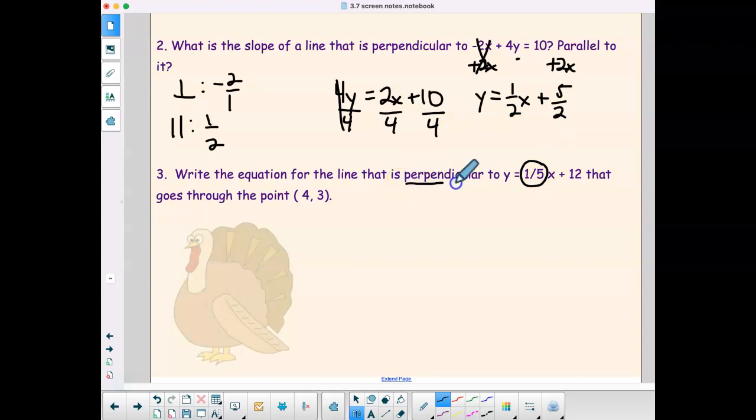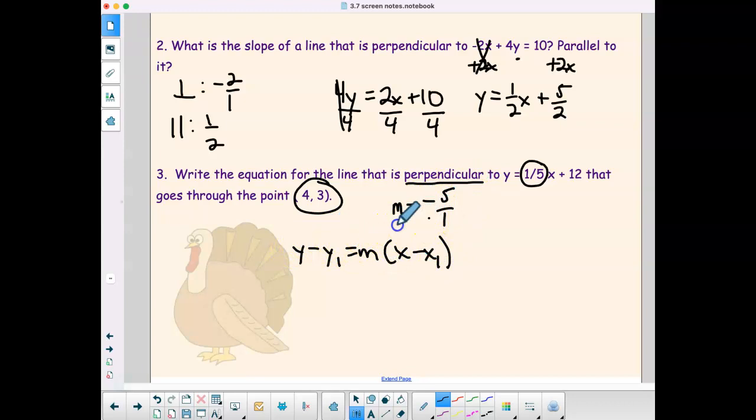Now we're specifically looking for the line that's perpendicular to that, so we have to find the opposite reciprocal of that. So the opposite reciprocal would be negative 5 over 1. Our slope will be negative 5 over 1, and then it's going to go through the point (4, 3). So we're going to use y minus y1 equals m times x minus x1. That's the point-slope form.